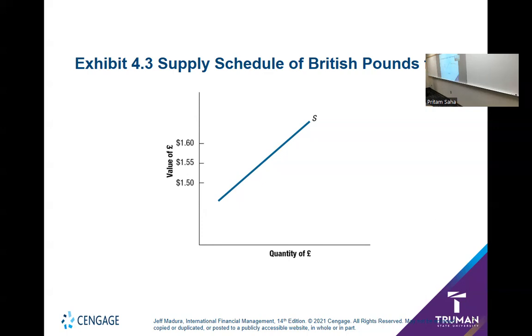How can we explain why the supply curve is positive? So the higher the price, people from the UK want to supply more pounds, right? So the relationship between price and quantity is positive, right? So that is actually making the supply curve positive.